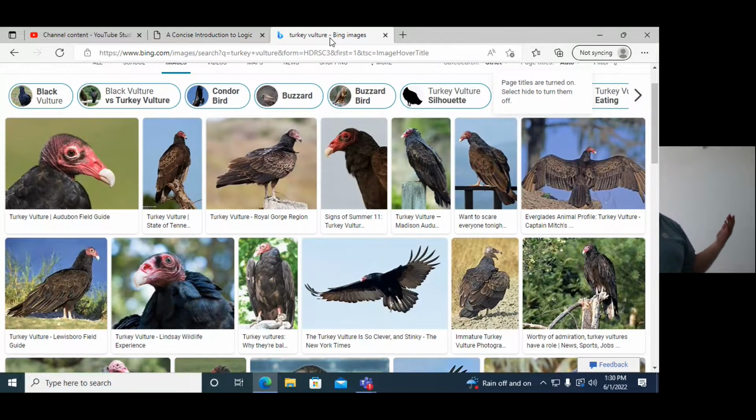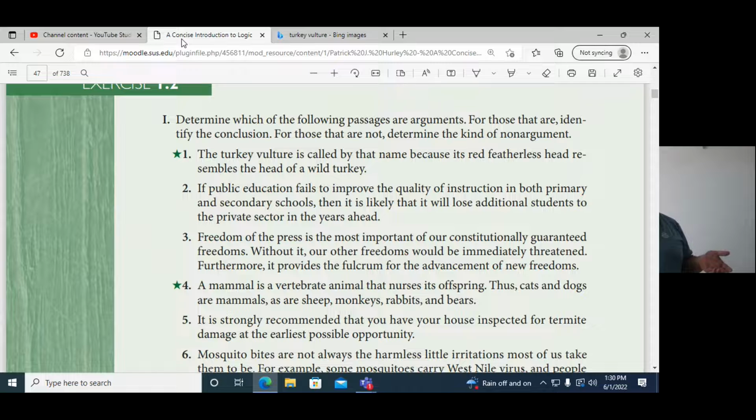It literally looks like it has a turkey head, but it's a vulture. It's not rocket science. So again, that would be explanation. So write non-argument or non-inferential passage, and then put what you think it is.